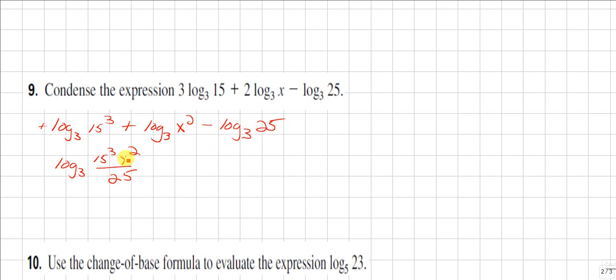Now on a test, I would let you leave the answer like this, but if we want to simplify, we could simplify the numbers. If I take 15 cubed, which would be a number, then divide that by 25, I'm actually going to get 135. So that's the most simplified answer, but of course on a test, like I said, I'd probably let you leave it in exponential form like that.